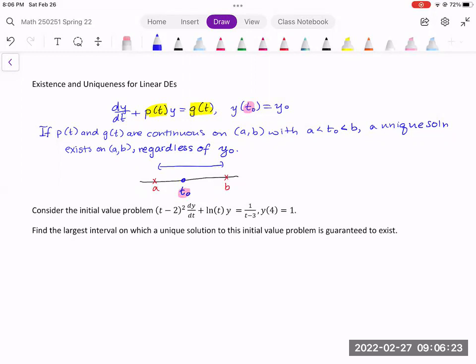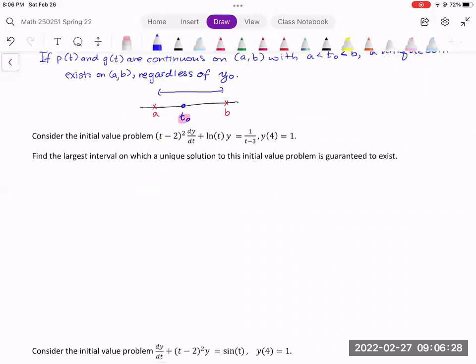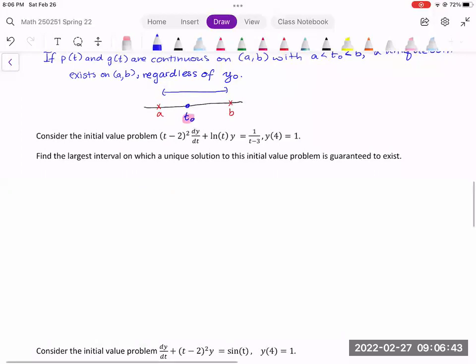So in the first example here, we're given this DE, initial value problem, and we want to find the largest interval on which we have a guarantee that we have a unique solution existing. So if we take a look at this, the first thing that we're going to notice is that this is a linear DE. This guy is linear, so this theorem is going to apply.